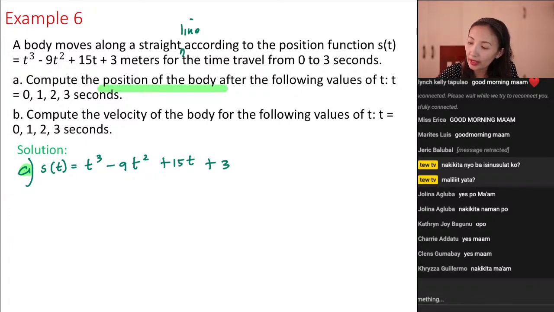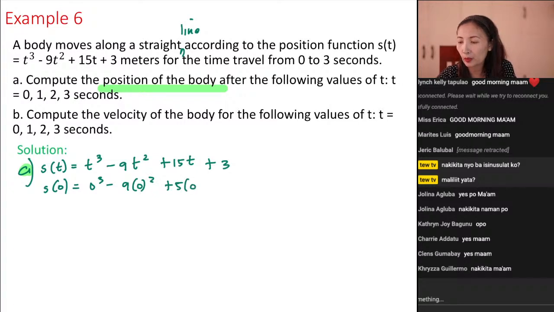So for t equal to 0, then s of 0. Simple as that. Just evaluate: 0 cubed minus 9 times 0 squared plus 15 times 0 plus 3 is simply equal to 3 meters, because that is the unit provided in the problem.